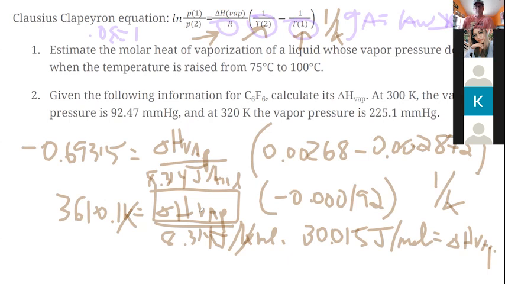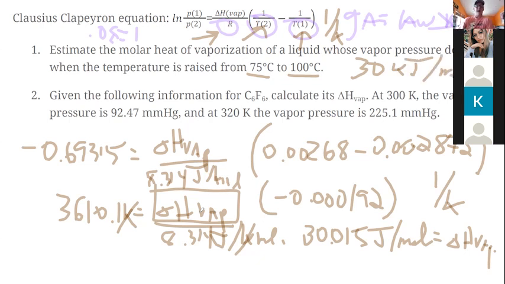Two. You sure? How many significant digits are in the temperatures? One. Yeah, there's two significant digits here, and there's only one significant digit there. So really, you can only give one. So your answer would be 30 kilojoules per mole.